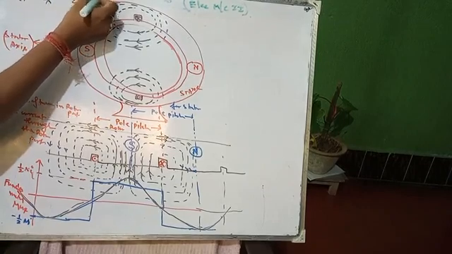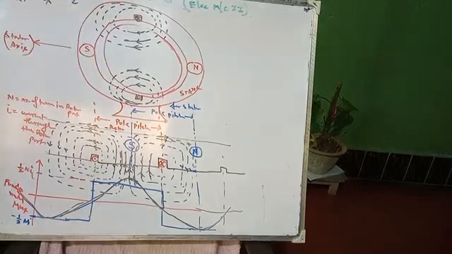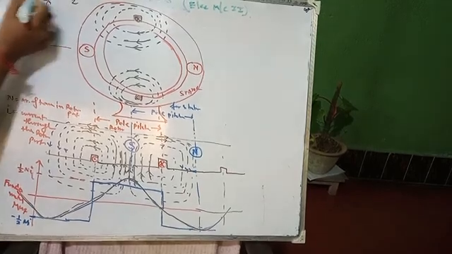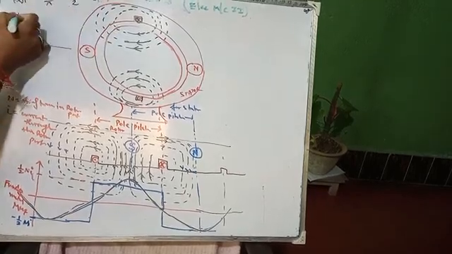Okay, so what is the alpha here? This alpha is nothing but a variable parameter.